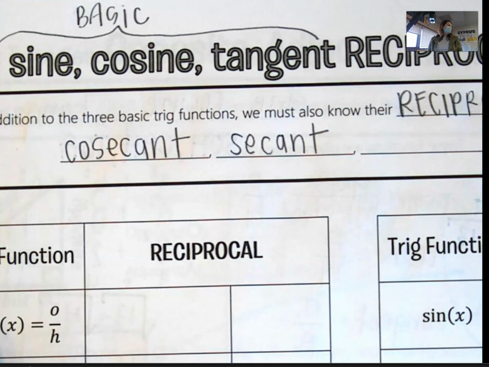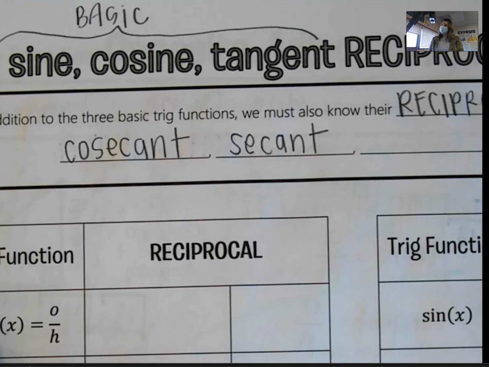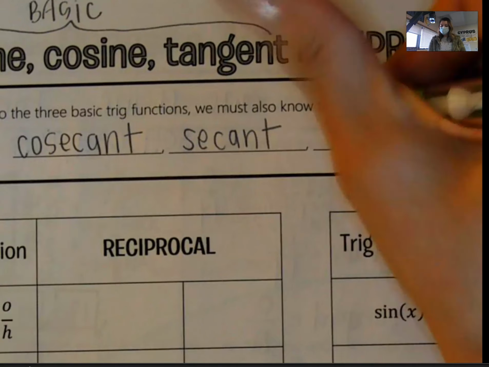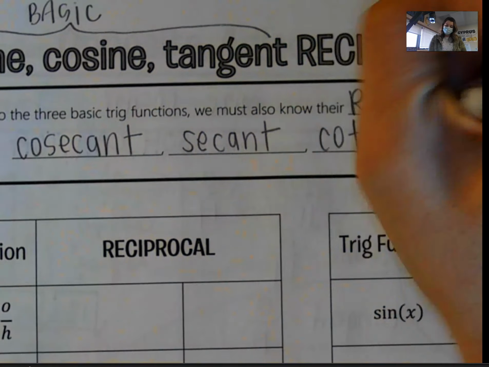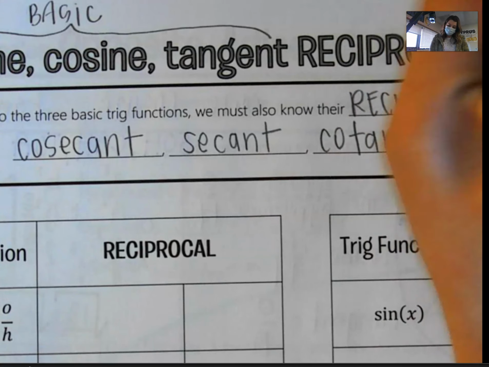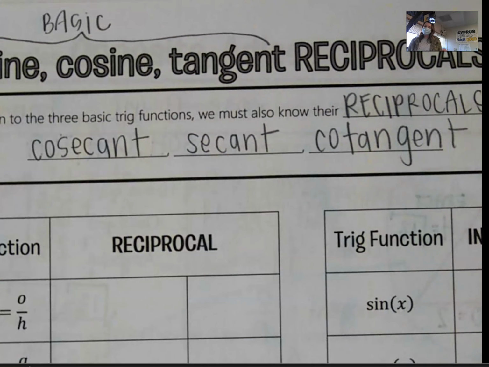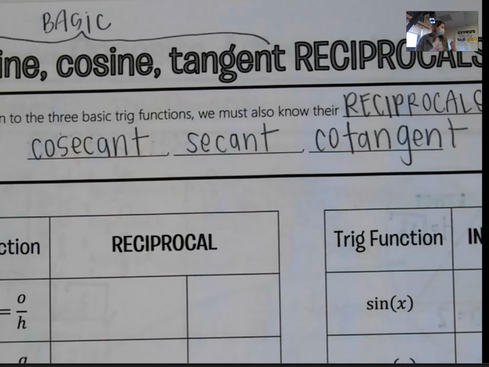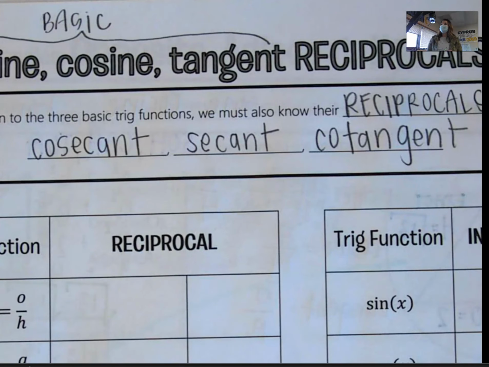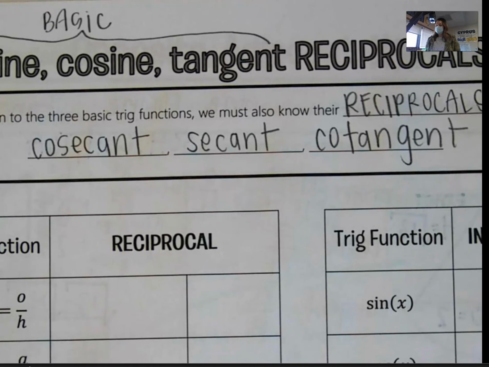So cosecant, secant, and then the last one, cotangent. He's the only one that sounds familiar. So our new trig functions that we're going to add on are cosecant, secant, cotangent.